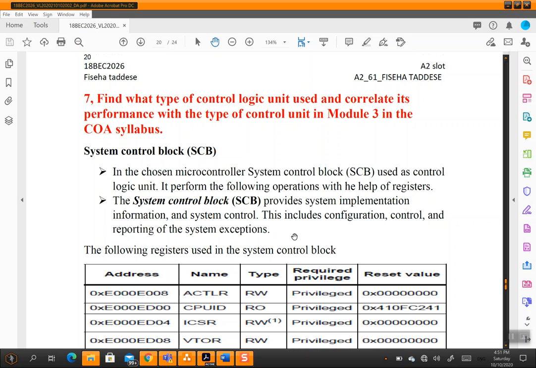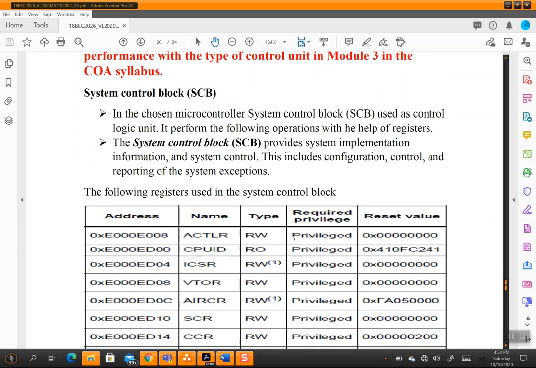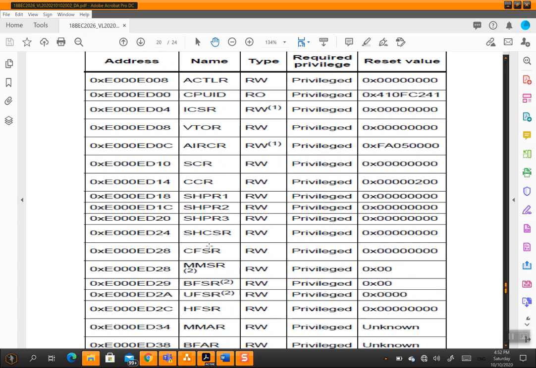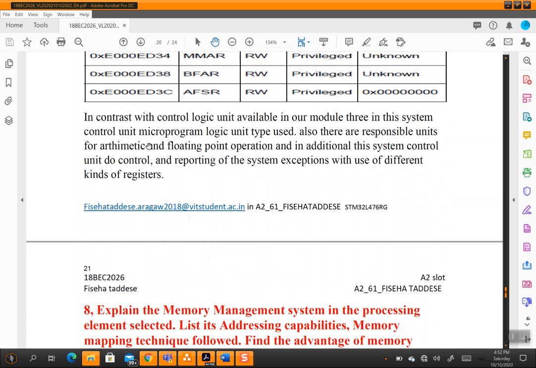It involves the following registers in order to operate. As you can see, the register address is given, along with the name, the type, what kind of privilege they have, and their reset value. These registers are used with the system control block, and it works as a logic control unit. In contrast with the control logic units available in our module 3, in the system control unit a microprogram logic unit type is used.